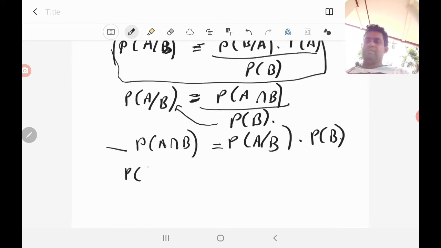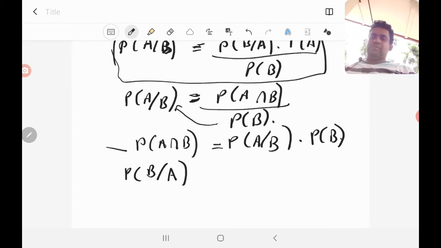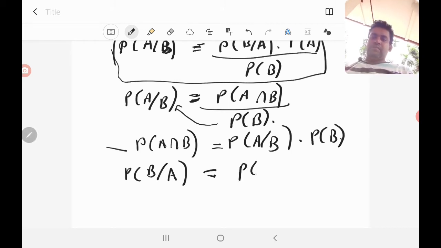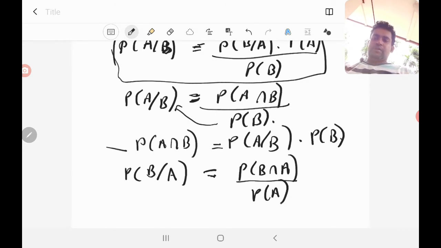Similarly, we can write this function to calculate the conditional probability of B given A, that is, the probability of B intersection A divided by P(A).